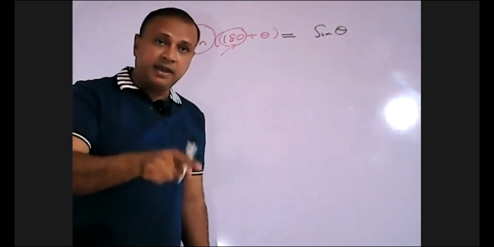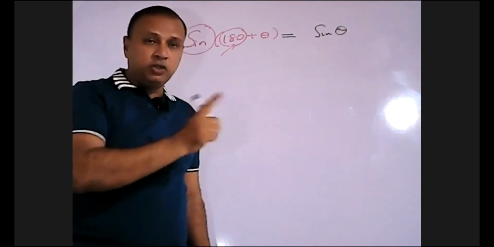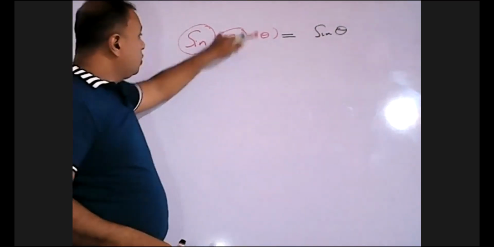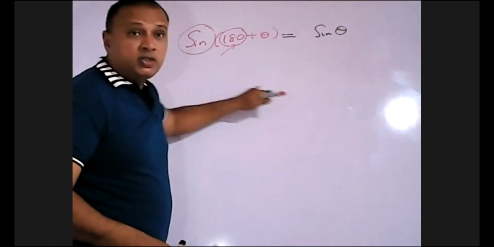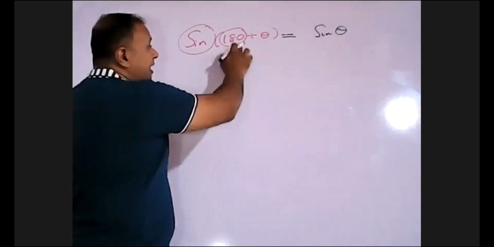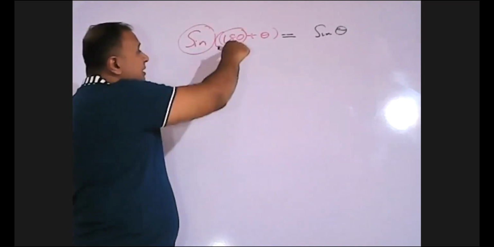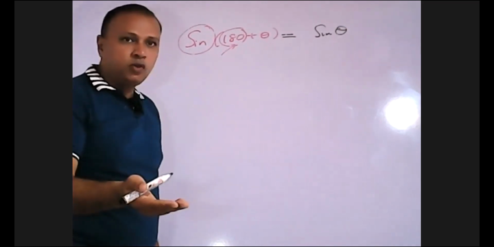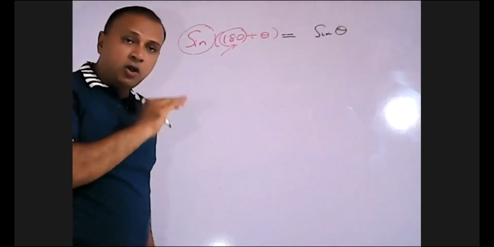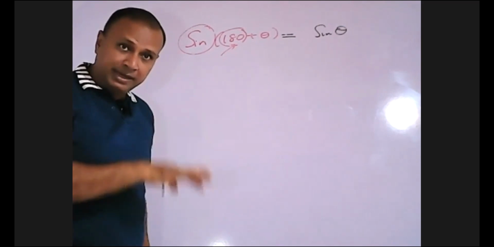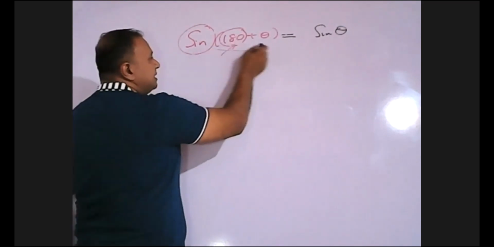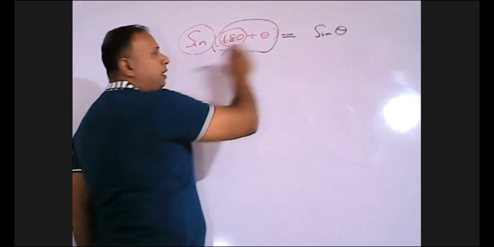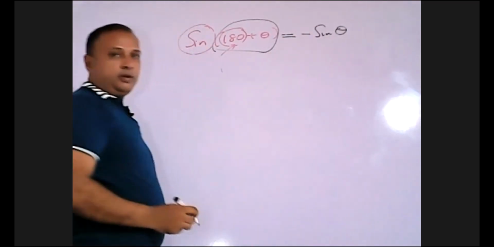Then you have to determine the sign, meaning the positiveness or negativeness of this value. You have to determine the quadrant of this angle. This angle belongs to the third quadrant. In the third quadrant only the tan values are positive, all the others are negative. Therefore, this should be a negative value.